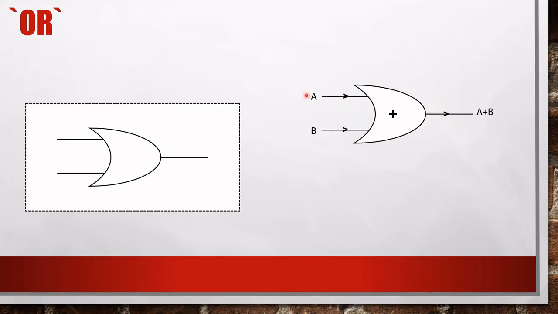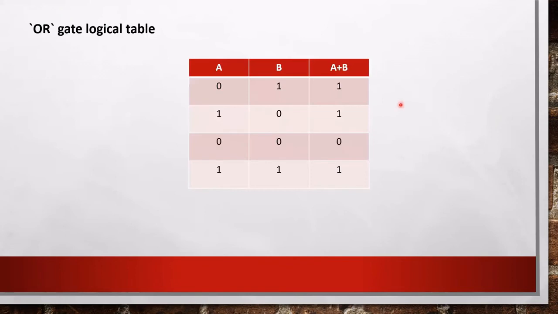For example, if you pass 0 as the A value and 1 as the B value, 0 plus 1, the output will be 1. And if you pass 0 and 0 for both values, then you will get a 0 output. Let's see what the logic table looks like. If A is 0 and the B value is 1, 0 plus 1 is 1.